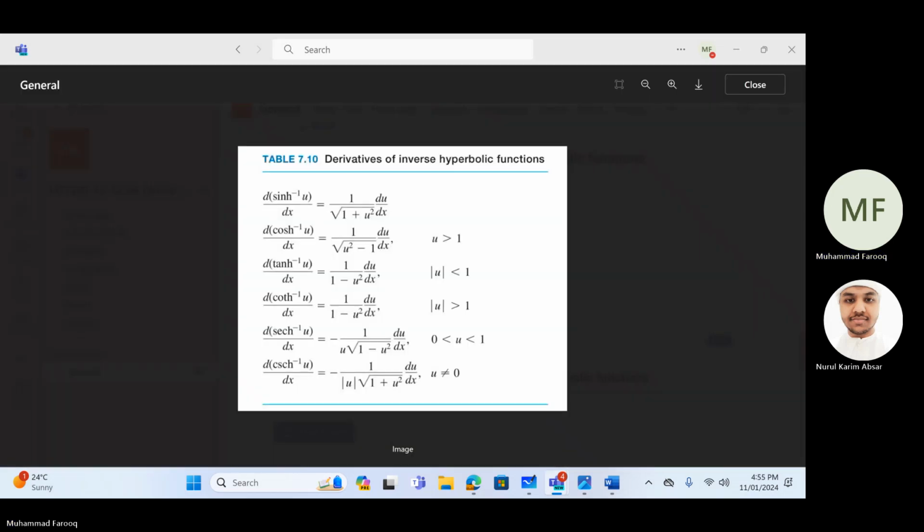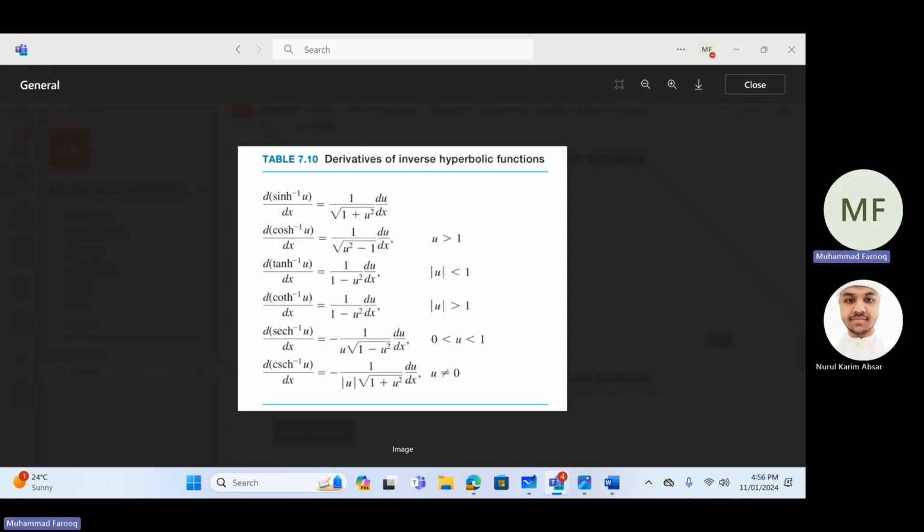This is the inverse hyperbolic function derivative studies. And we will provide you an example, the example of 7.7. It is there in Teams, you can download, you can save, and now we use them, okay? Same like before. Let's start the question from here.